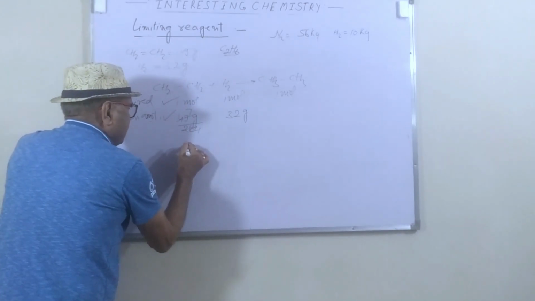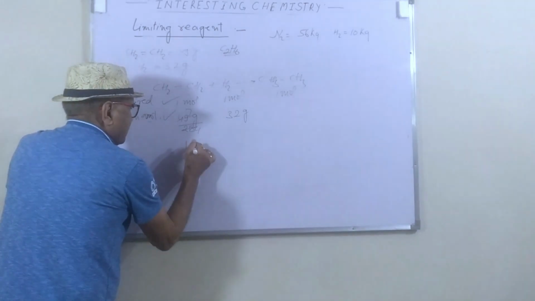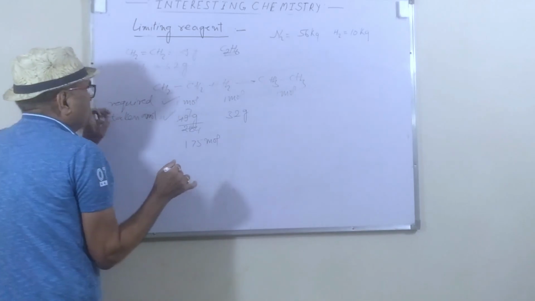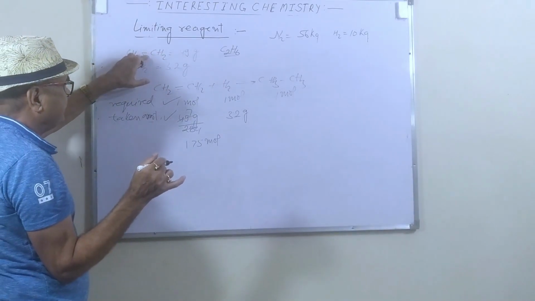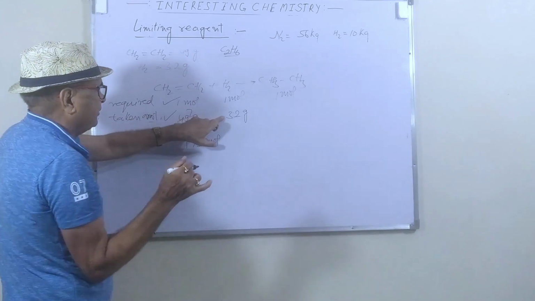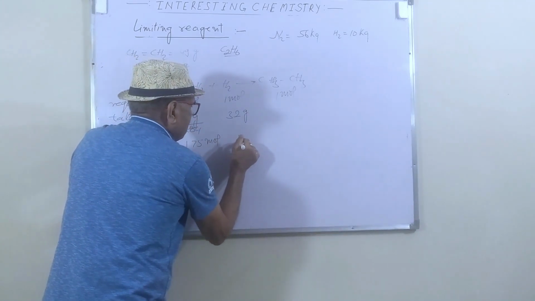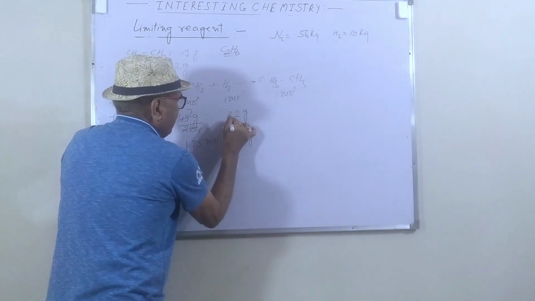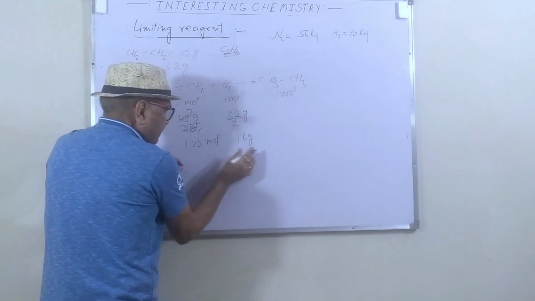So 49 gram of ethene is equal to 1.75 mole, and 3.2 gram divided by 2 gives 1.6 mole of hydrogen.